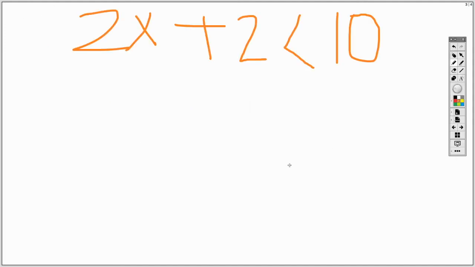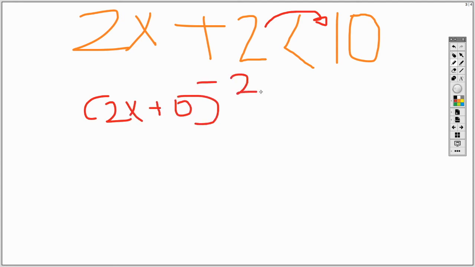So I have an inequality on the board: 2x plus 2 is less than 10. It's literally just the same. I'll move the 2 over here, so I'll subtract 2, because 2 minus 2 equals 0.